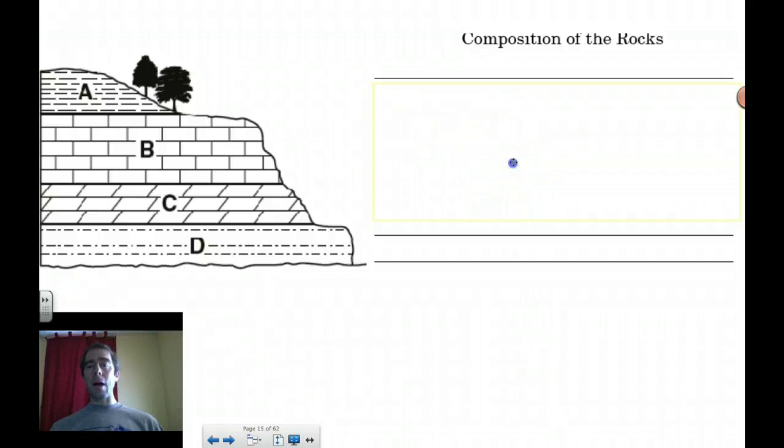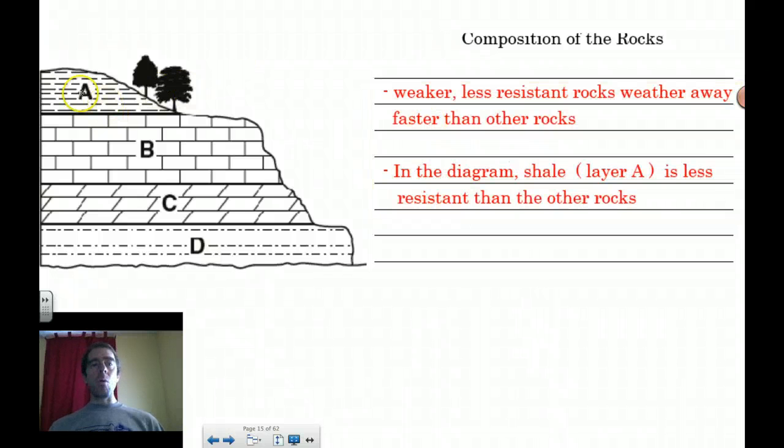When we look at the composition of rocks, when we look at these layers, each A, B, C, and D represents different kinds of rocks. So A is a different kind of rock from B. If at one time this whole area was the same, sticking out to the same point, and it was weathered, the one that was least weathered is D. It's not weathered at all.